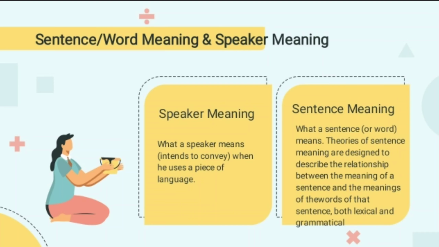Theories of sentence meaning are designed to describe the relationship between the meaning of a sentence and the meanings of the words of that sentence, both lexical and grammatical. And then speaker meaning: what a speaker means, or intends to convey, when he uses a piece of language.